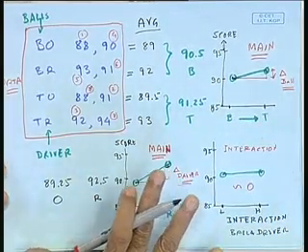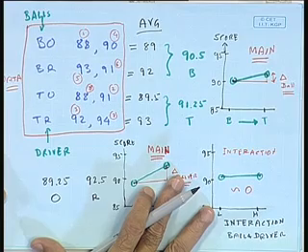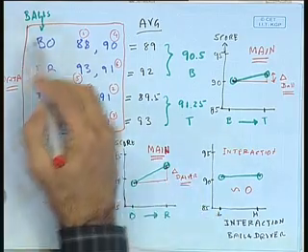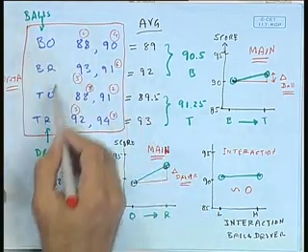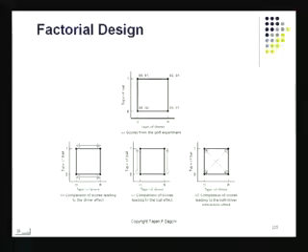This method of doing your calculations is quite straightforward, and it can be done if you follow a particular matrix structure, and that matrix structure is shown here. In fact, I show the same matrix structure if you look at the diagram. Let's come back to the diagram here again.